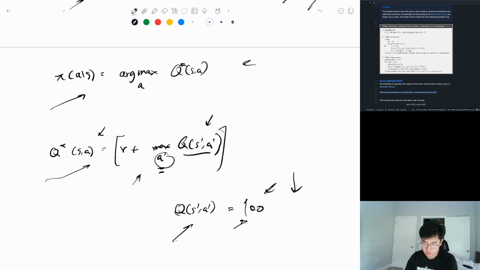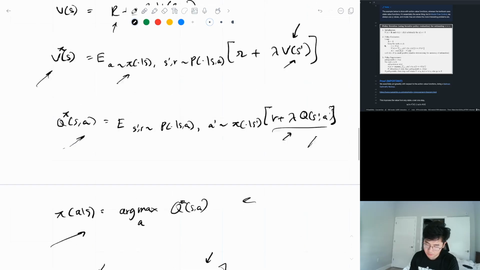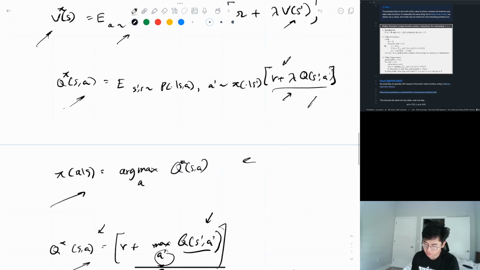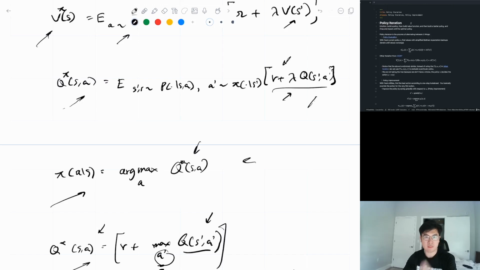Then you redo your policy evaluation, and as you update your Bellman expectation, you realize that this reward plus the value at the next state is actually not that high. So this will get adjusted down. Okay, that's policy iteration.